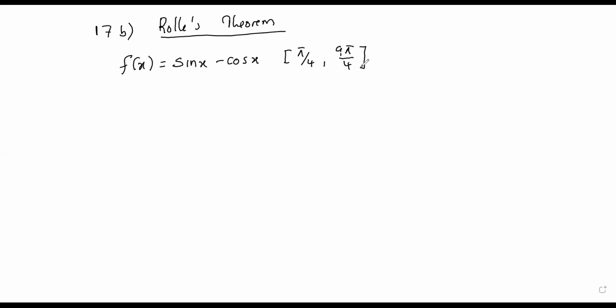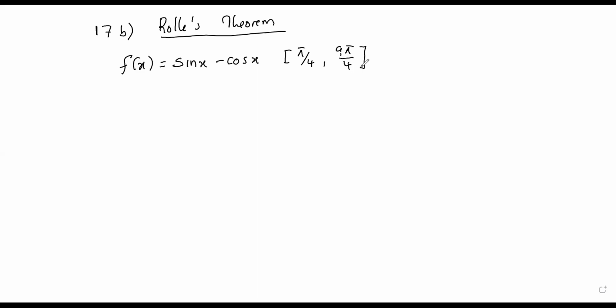So what do you know about the Rolle's theorem? The Rolle's theorem says that if f is continuous on a closed interval and differentiable on an open interval, then there should exist a c in between a and b such that f prime of c is equal to 0.